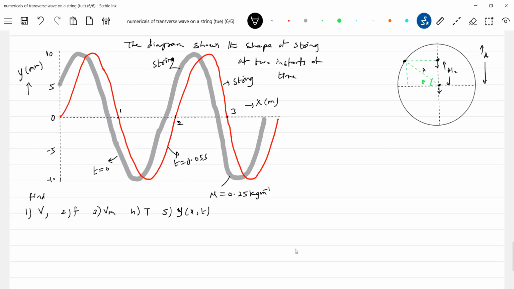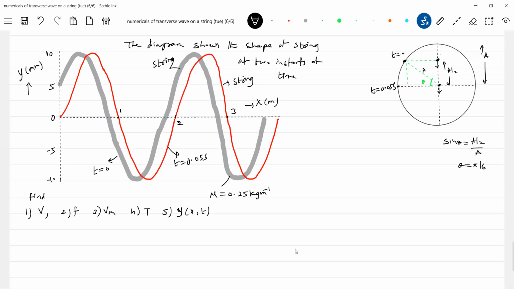So what is sine theta? A by 2 by a. So theta equal to pi by 6. Then what is the time taken? At t equals 0, it is here. Got the idea?